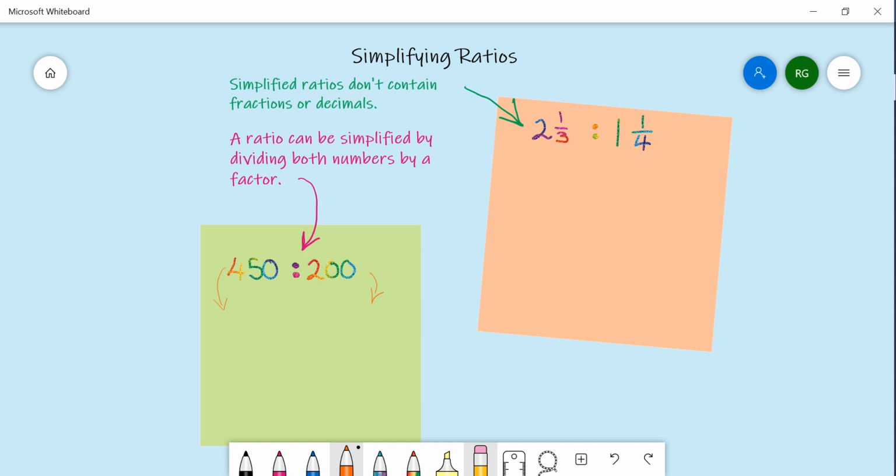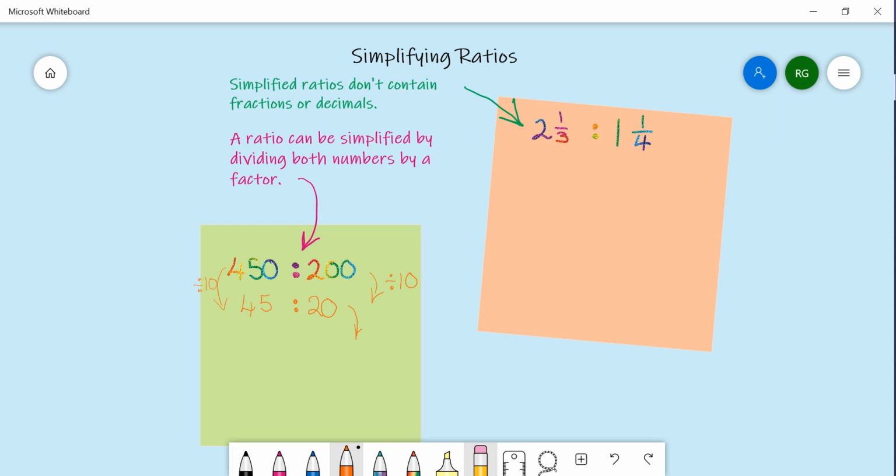So I can look straight away and see that both numbers have a factor of 10. So I'm going to divide both the left hand and the right hand side by 10. I'm then going to get 45 on the left and 20 on the right.